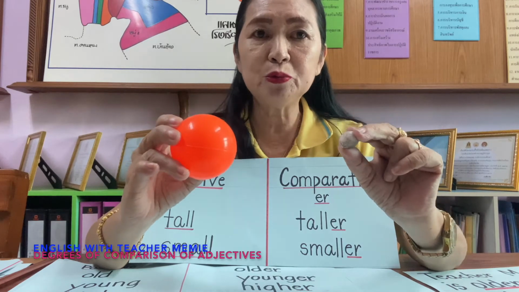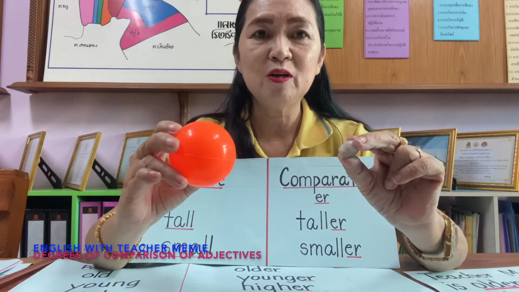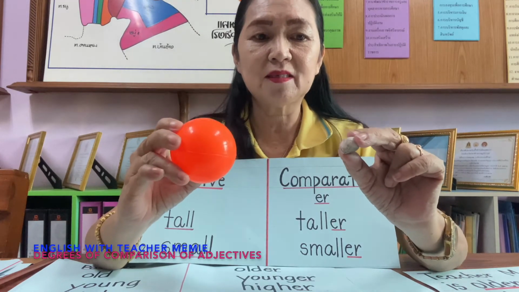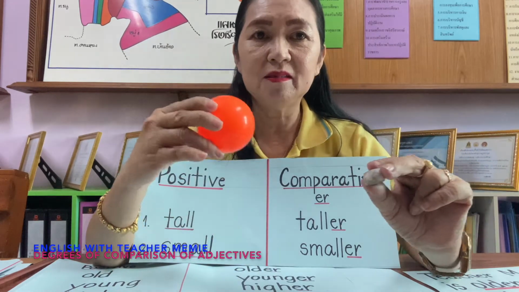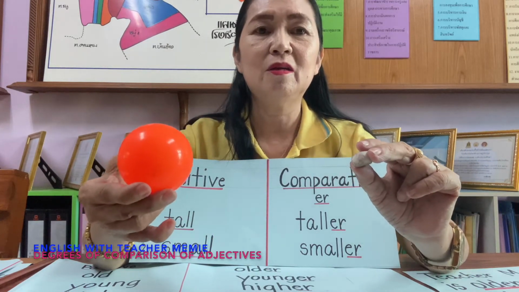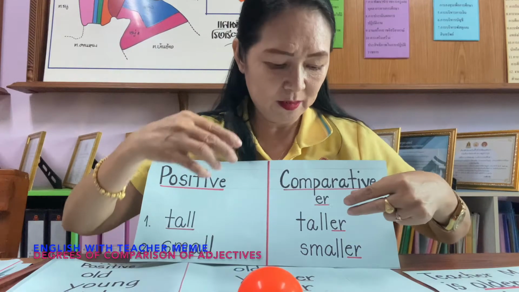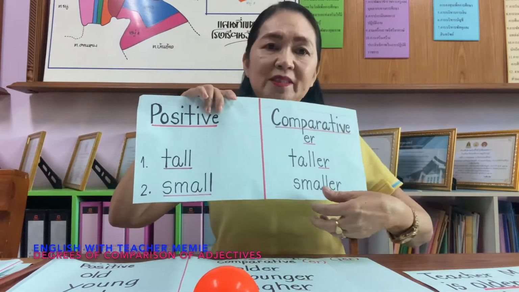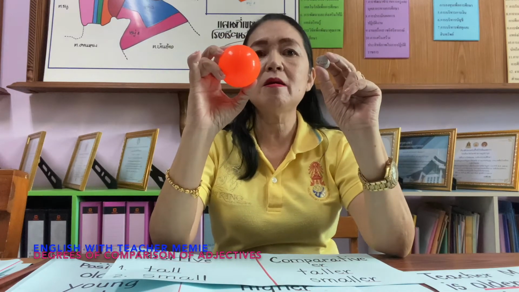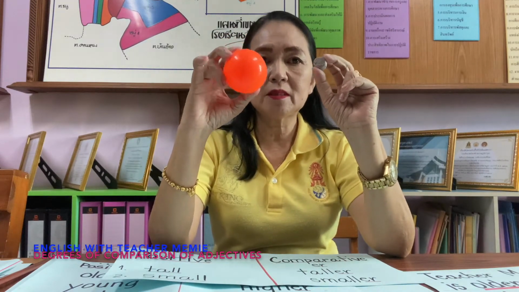We have two objects here, the eraser and the ball. So this sentence is comparative because we describe and compare two objects.